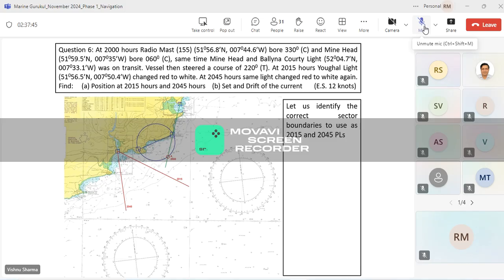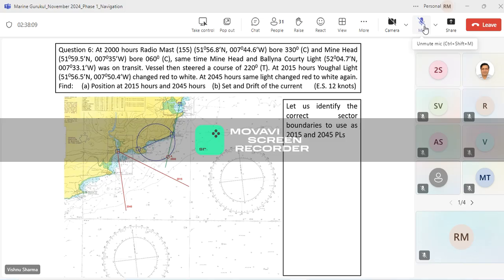Excuse me, sir. That sector light, it changed from red to white. As per my thought, it is supposed to be 2, sir. Can you please explain how it is 1, sir? On the 2, what are the colors on different sides? What course are you steering? Sir, 220.